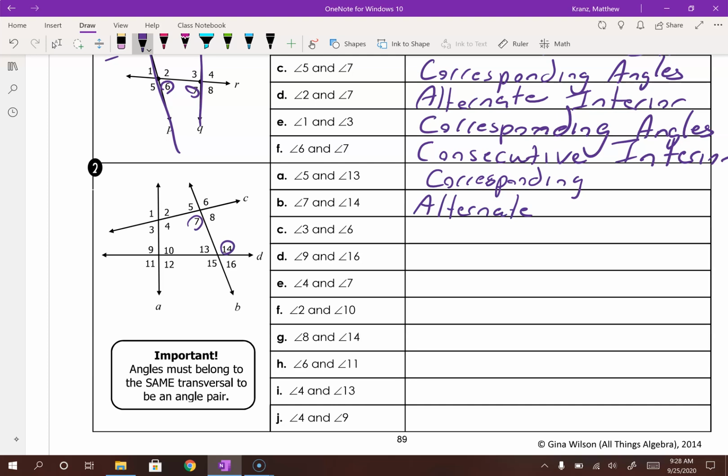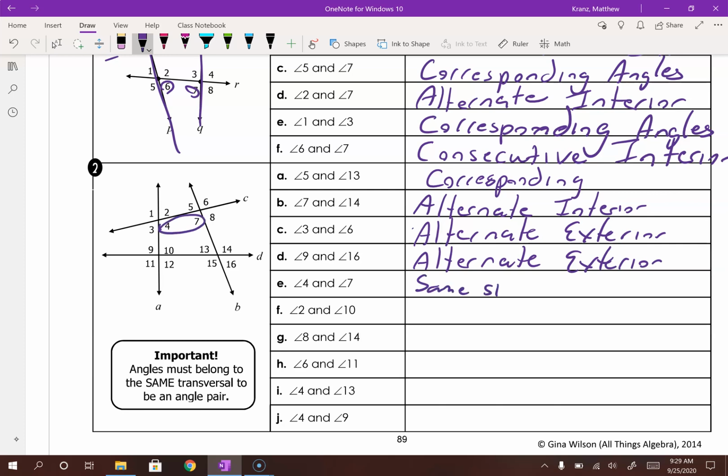They're both inside on either side. 3 and 6, those are alternate exterior. 9 and 16, those are also alternate exterior. 4 and 7, these are the same side or consecutive interior. Let's just call them same side. 2 and 10, those are corresponding. They're both on the top right.